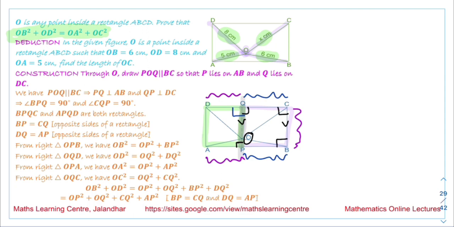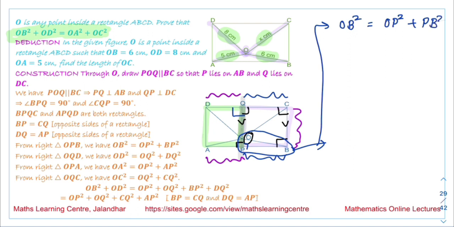Now if we consider the triangle OPB, I'm marking it over here, it is right angled at P. So what we get for this is that OB square is equal to OP square plus PB square.